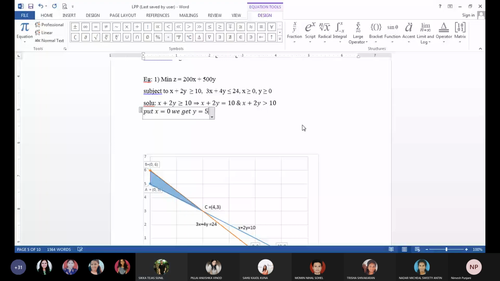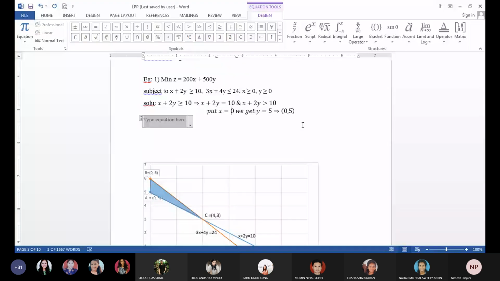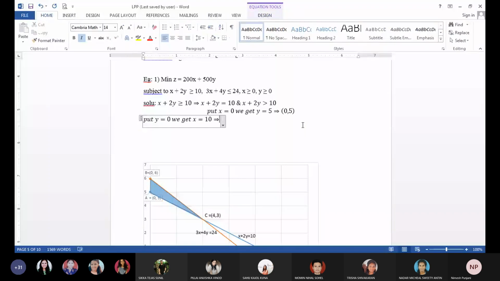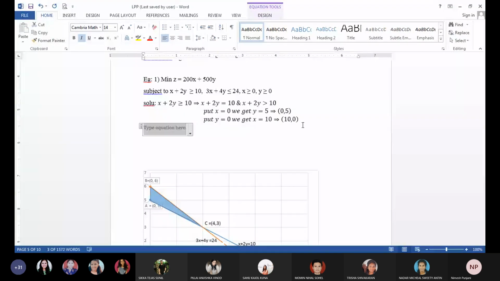So this gives us the point 0,5. ठीक है. उसके बाद put y equals to 0, we get x equals to 10. तो ये पॉइंट क्या होगा? 10,0. तो अपने को 2 पॉइंट मिल गया फॉर द लाइन x plus 2y equal to 10.